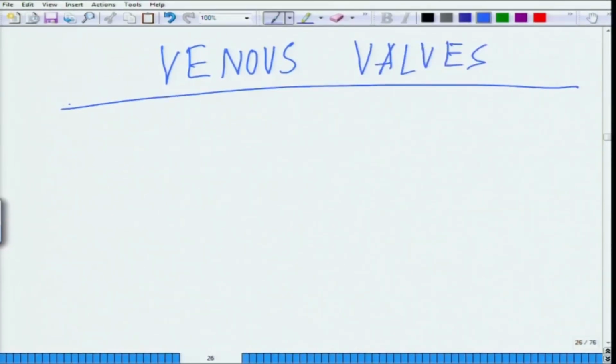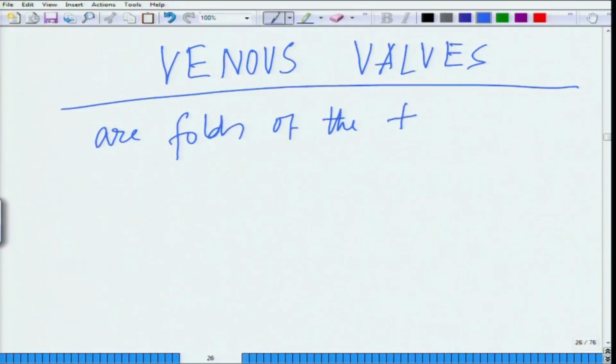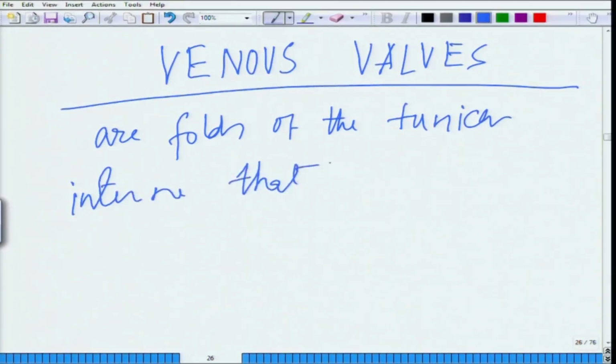These are nothing but folds of the tunica interna.